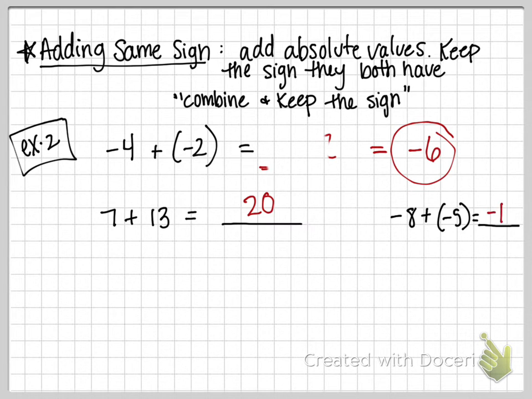Yes. We just added 8 plus 5 is 13, and it's going to be a negative. Or on the number line, we would have started at -5 and moved 8 more in a negative direction to end at -13. I thought two negatives equal a positive. That's true for multiplication and division.